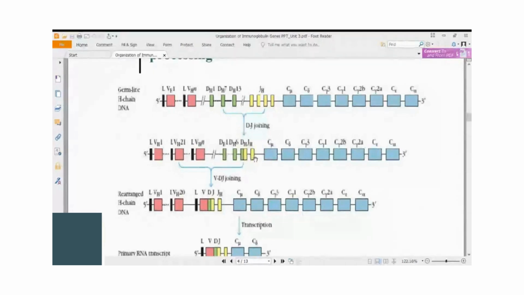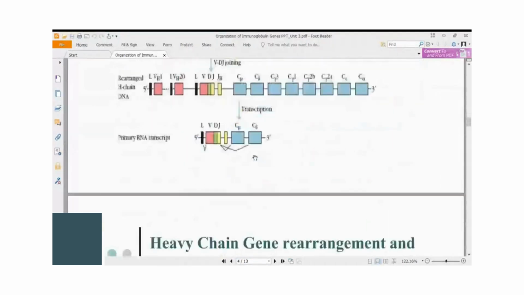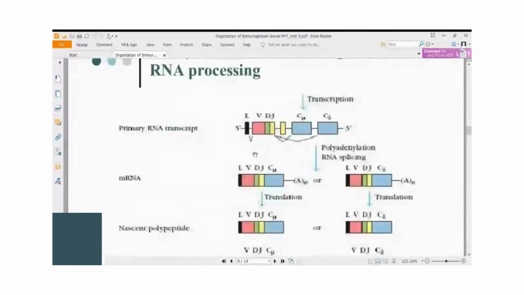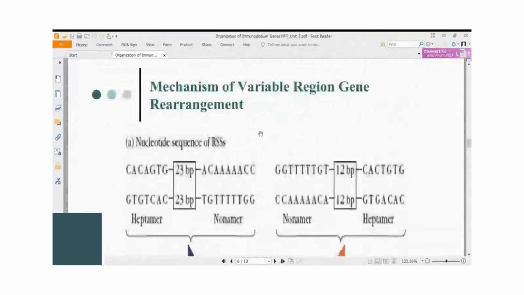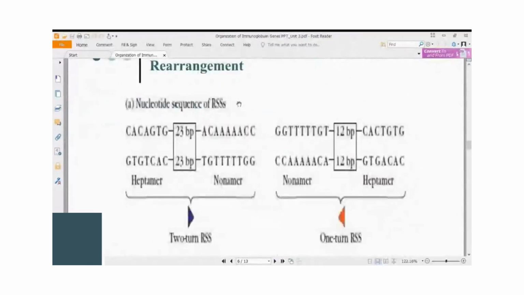And those sequences which are present there are called recombination signal sequences. Recombination signal sequences are called RSS. So these RSS signal sequences are specific nitrogenous base sequences that are present. They are classified into two different types.